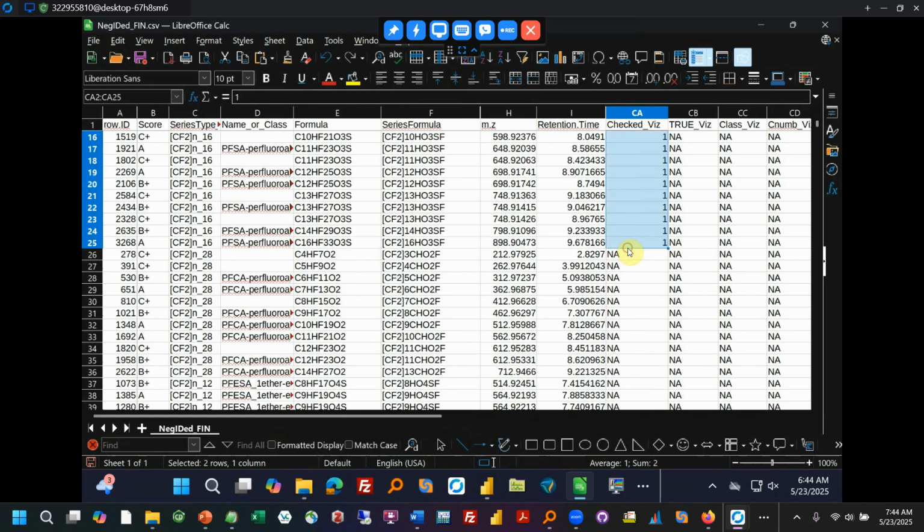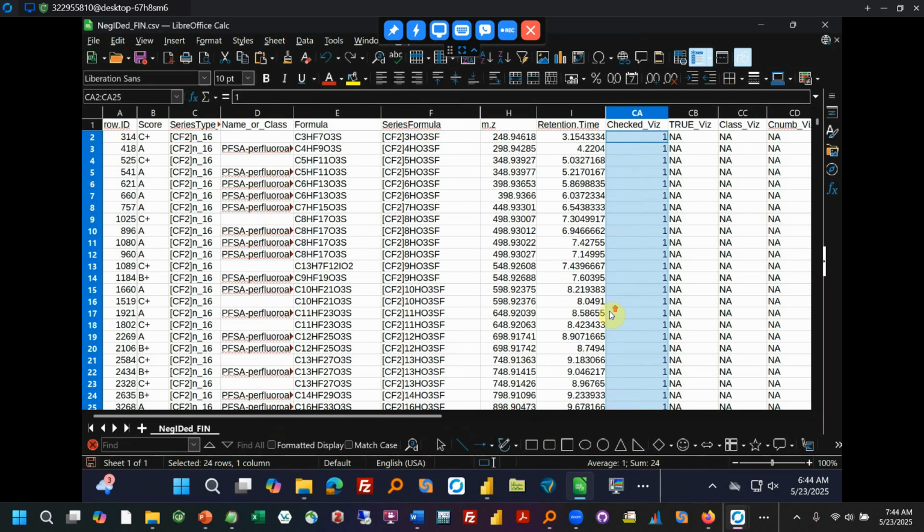I just put checked as 1 or 0. But you can have different values, especially for the true viz. So this can be your confidence score. You could even put a Schymanski scale here, whatever you want to put. I usually put 1 as true, 0 as false, and then sometimes I'll have like 0.5 as maybe. I need to look back at it.